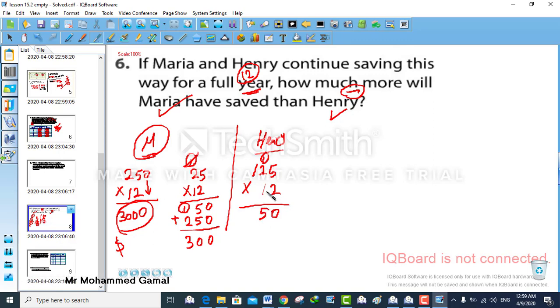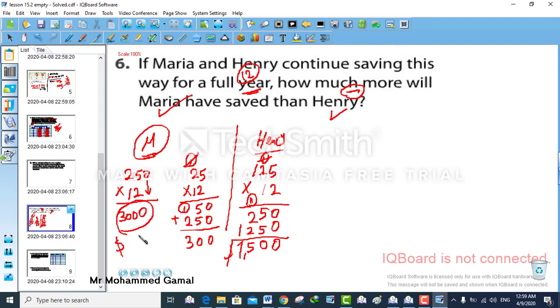And 2 times 1 is 2. Now don't forget the 0. 1 times 5 is 5. 1 times 2 is 2. 1 times 1 is 1. Now adding 0, 10. 5 and 5 is 10. Carry up the 1. 1 and 2 is 3. 3 and 2 is 5. And 1 and nothing is 1. So it's $1,500.